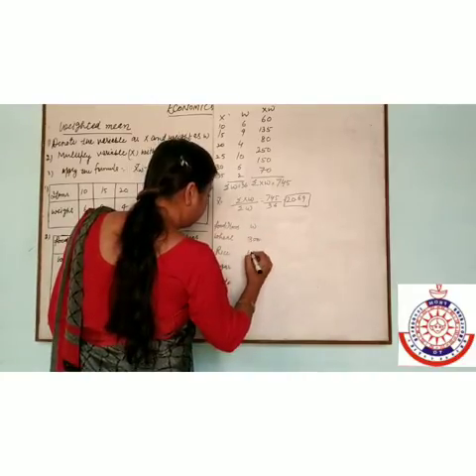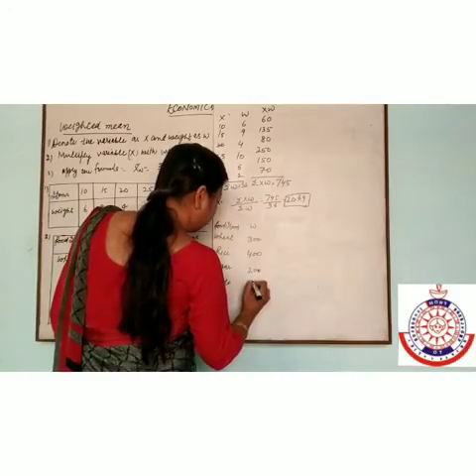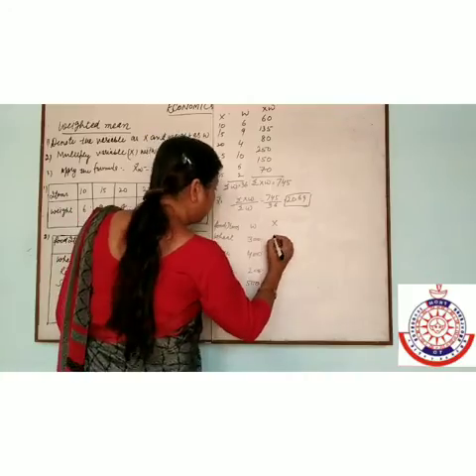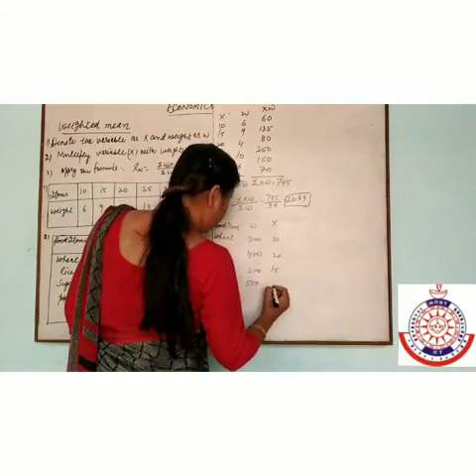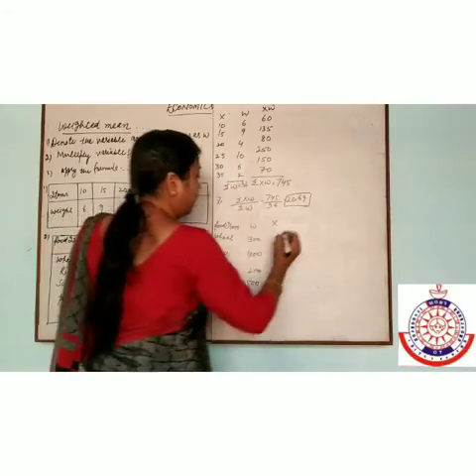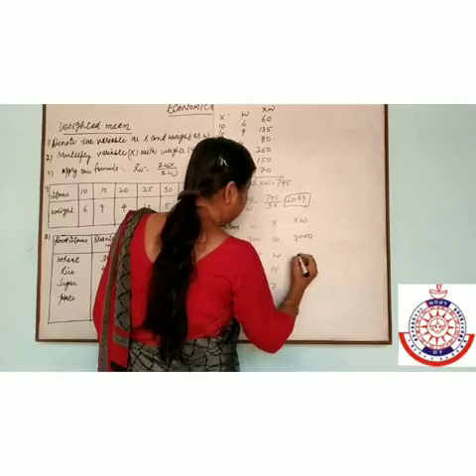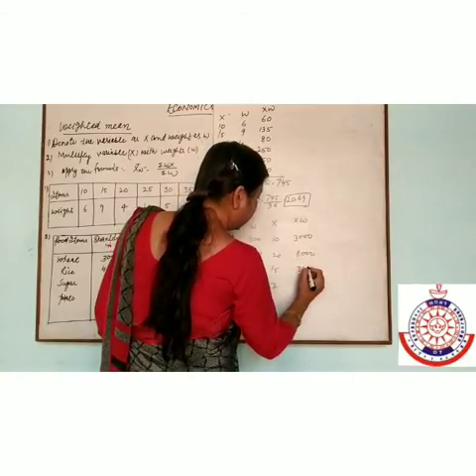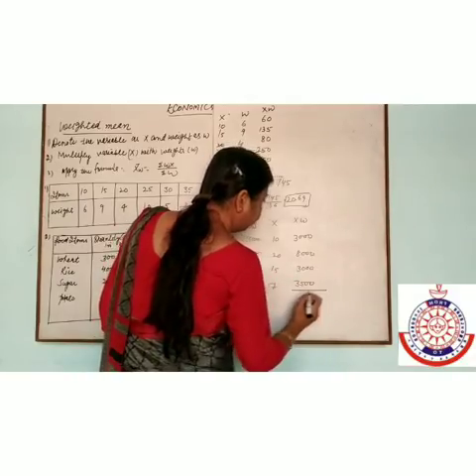The weights are 300, 400, 200 and 500. And x is given: 10, 20, 15, 7. And xw is equal to 3,000, 8,000, 3,000, 3,500.